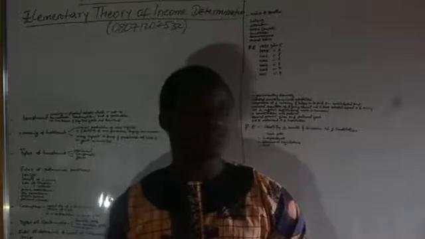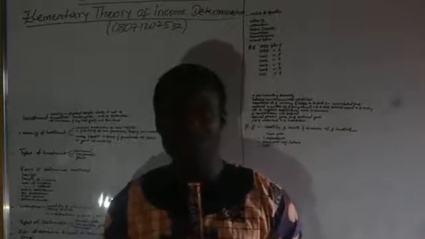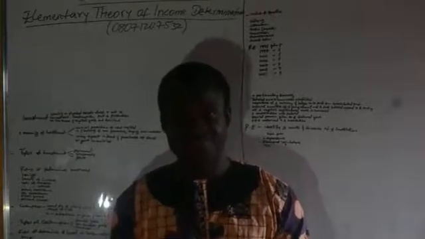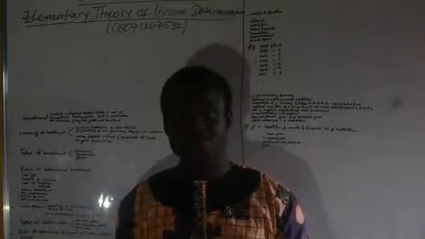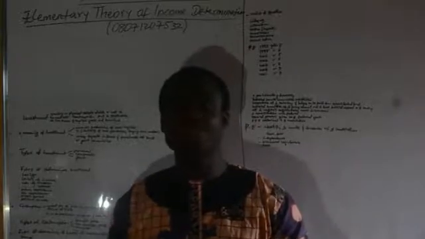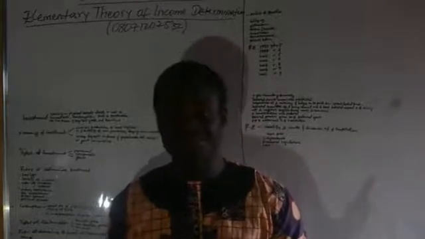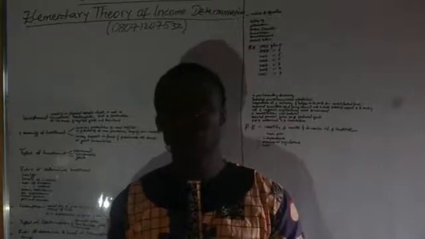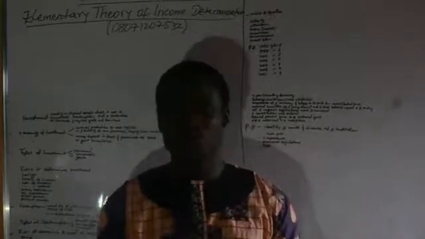And the last one: if government goes about building roads, building railways, setting up or installing electricity production plants, and so on and so forth, then we call that government investment or governmental investment. Now, there are factors that determine investment in any normal, fully functional state.